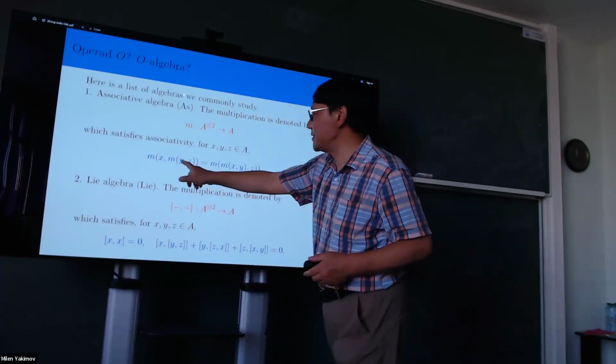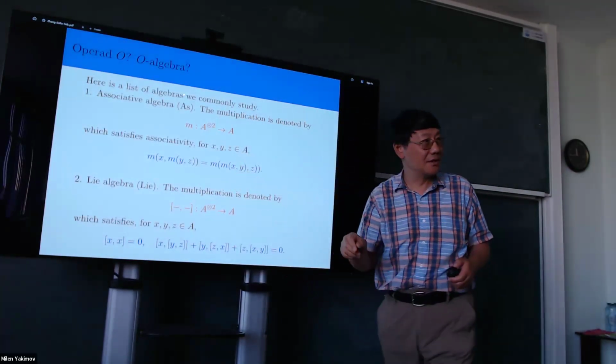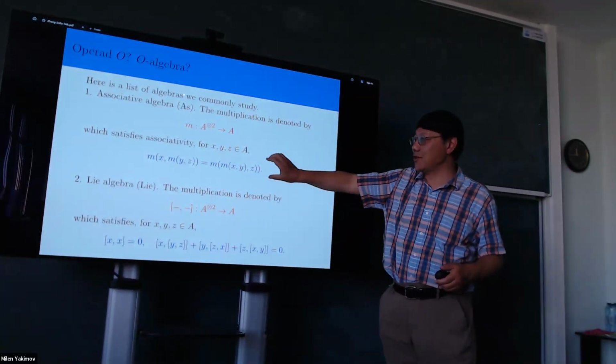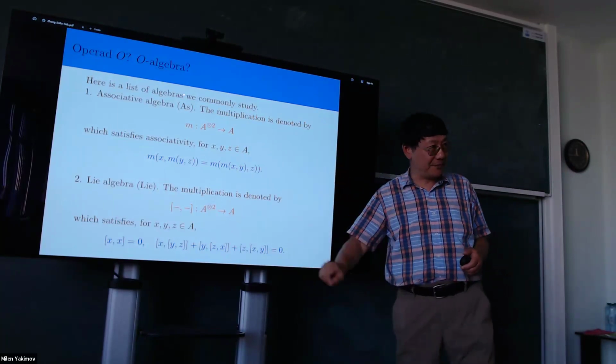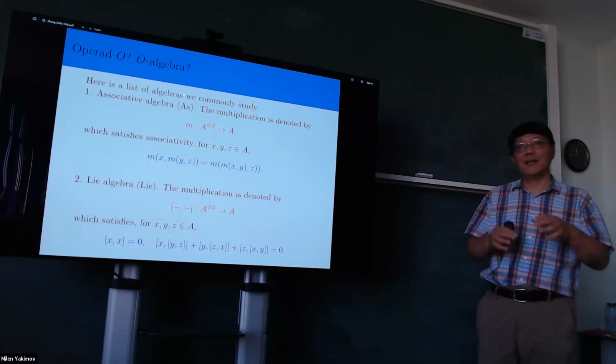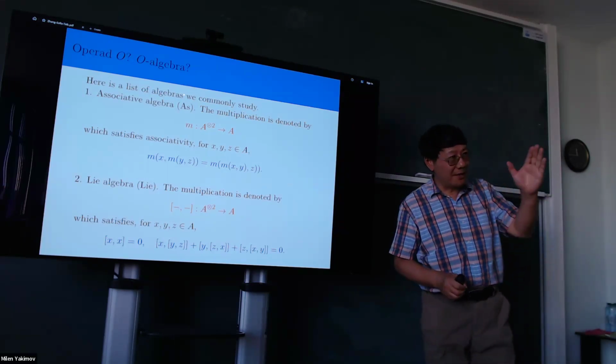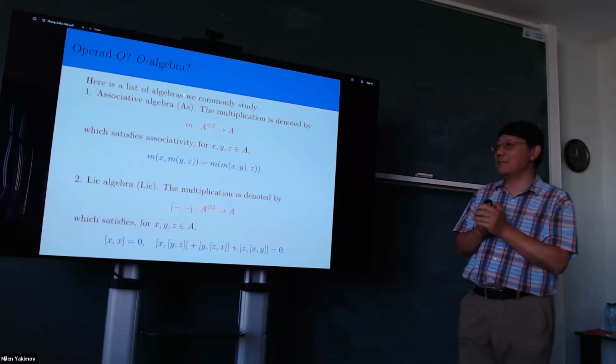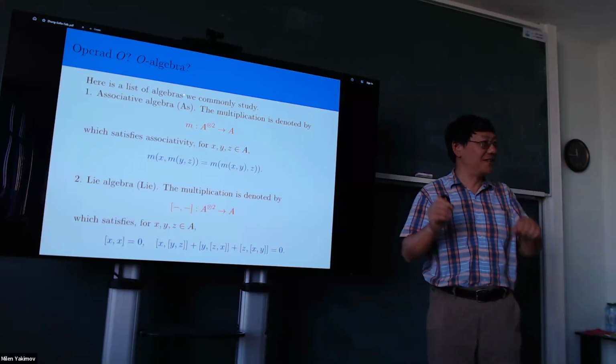So this M satisfies some conditions. I call this a relation, and I use blue for relations for a moment. So any associative algebra is a vector space with a multiplication, and this multiplication satisfies associativity.